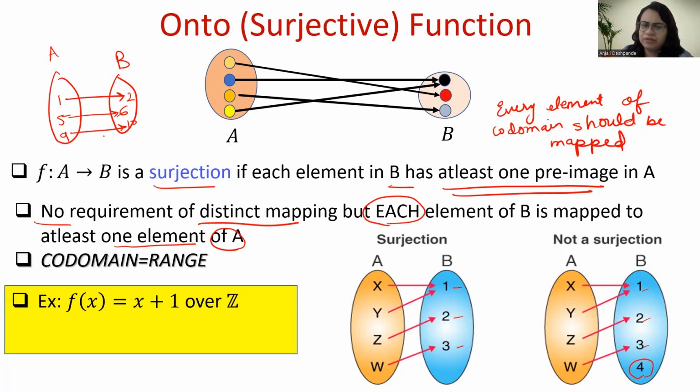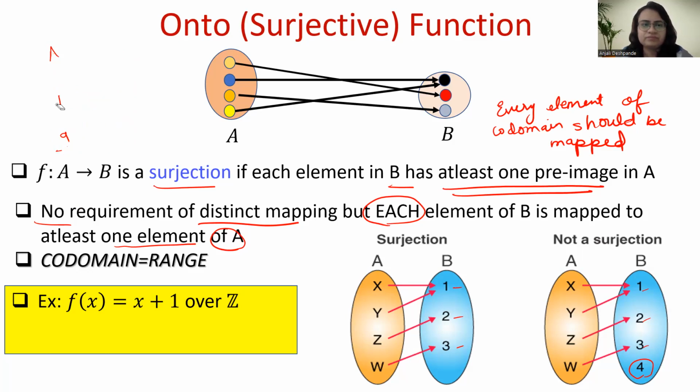So there will be no element in B that will be left out. Even if I take 0 in B, what will be its pre-image? The pre-image will be -1. So you can take any integer in B, it will have a pre-image in A. So that is an example of surjection.